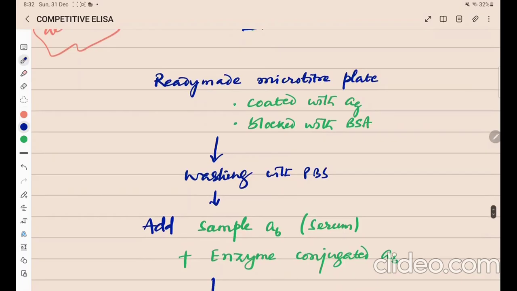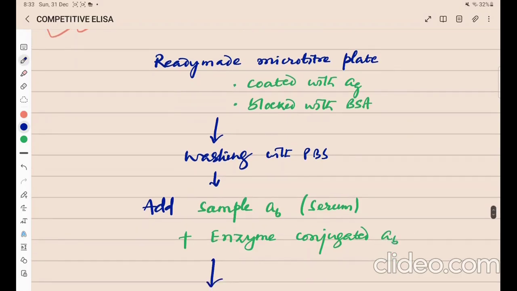Then we'll add 2 antibodies. One, the sample or serum in which we want to detect the presence of antibody, and another enzyme conjugated antibody which is also specific to that antigen, which is coated on the ready-made microtiter plate.